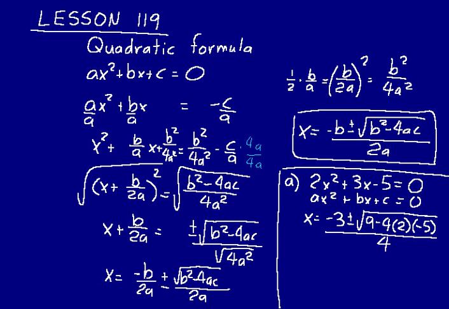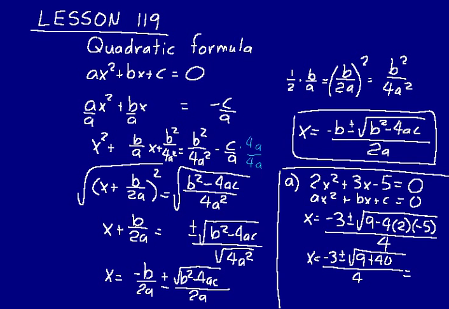Okay, so we can simplify this now. x is equal to negative 3 plus or minus the square root of 9 minus 4 times 2 is 8 times a negative 5. That would be a positive 40. So plus 40 all over 4.